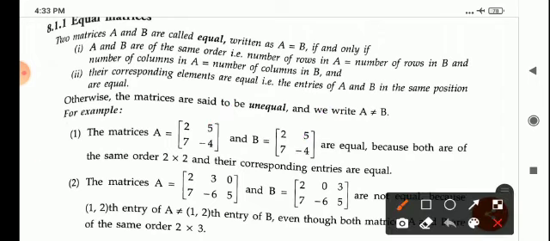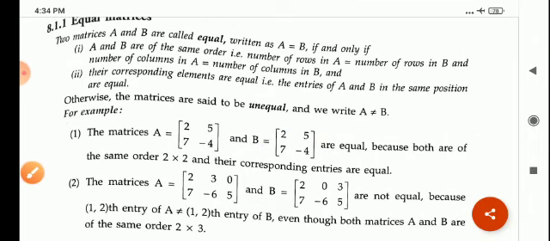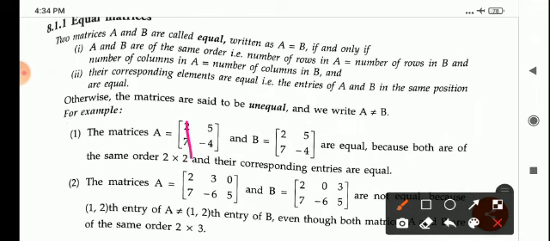Reason: 2, 5 are the first row, 7, minus 4 are the second row. 2, 7 are the first column, 5, minus 4 are the second column. The order will be 2 into 2, two rows and two columns.